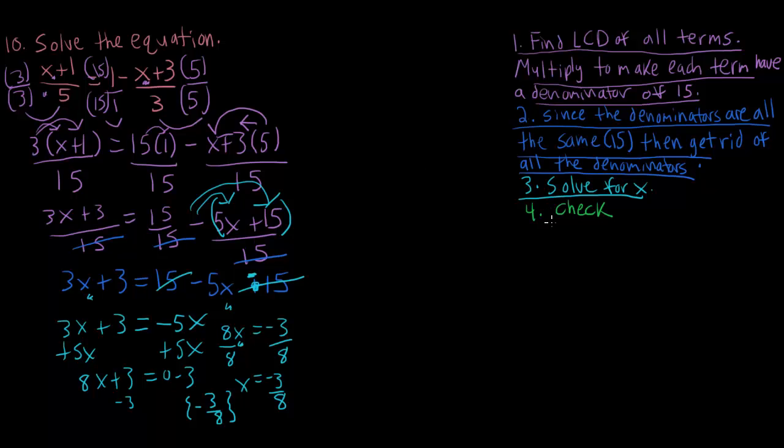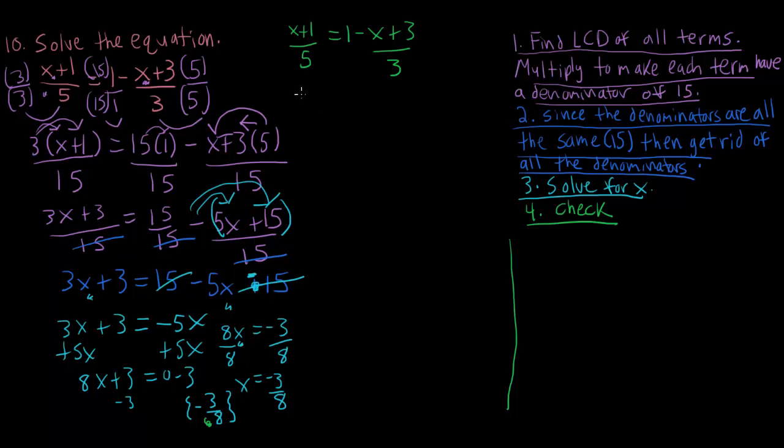And the final step is to check. So we need to plug in our negative 3/8 into both sides of the original equation. Let's kind of cut this in half, start with each side. Our original equation is x plus 1 over 5 equals 1 minus x plus 3 over 3.